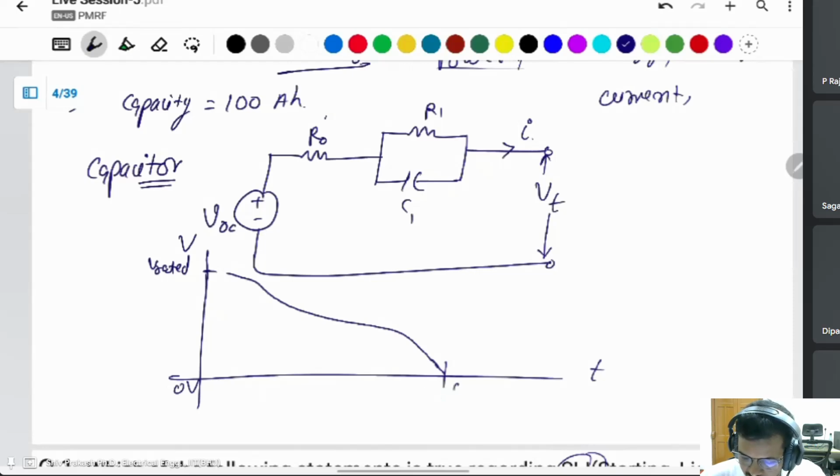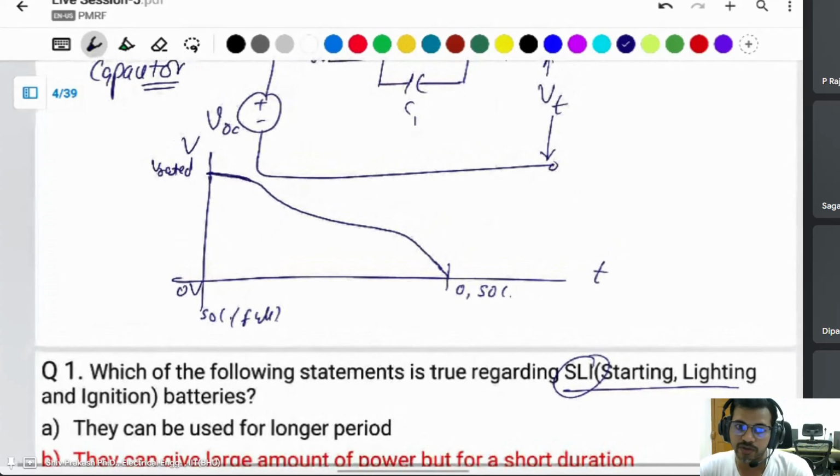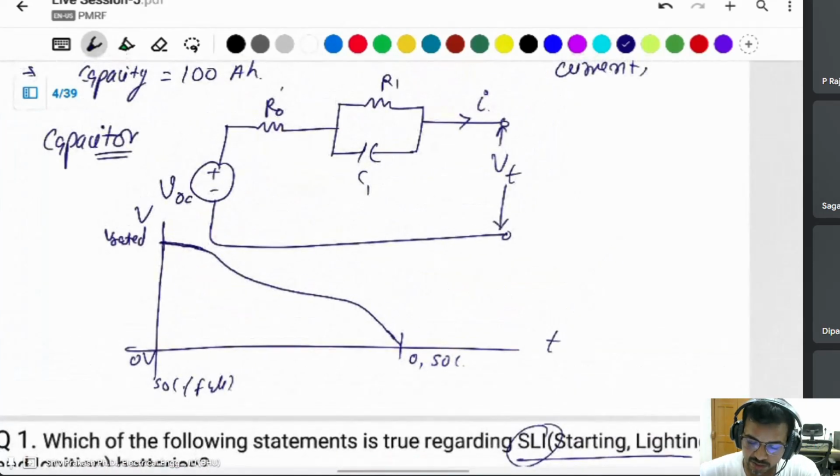I can say this is the zero SOC and this is the full SOC. This is the graph of voltage versus time. It will take a large time to discharge the battery because, with high energy density, the battery has a very low discharge current, which you can call an average discharge current, and it will take a long duration of time to discharge the whole battery.